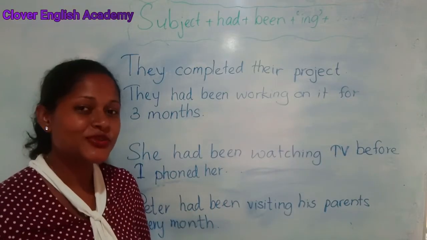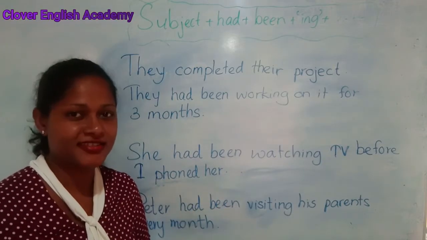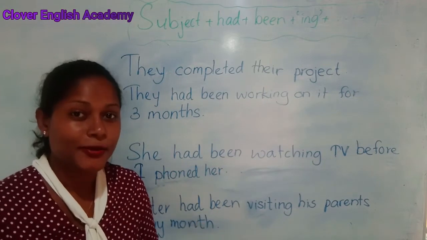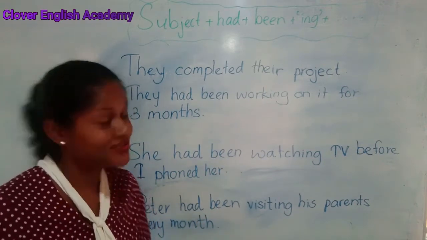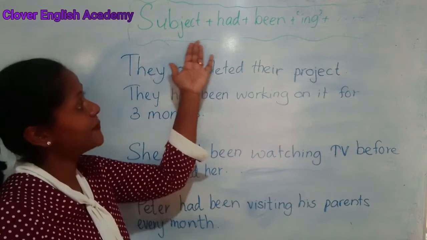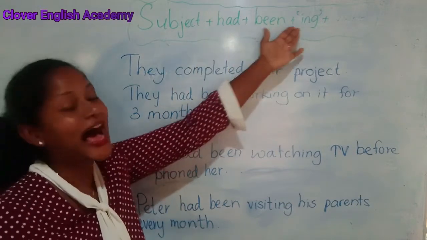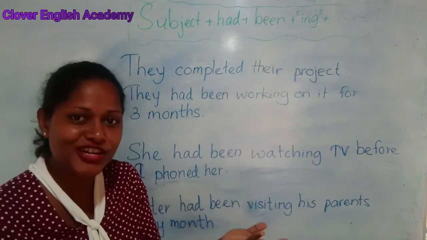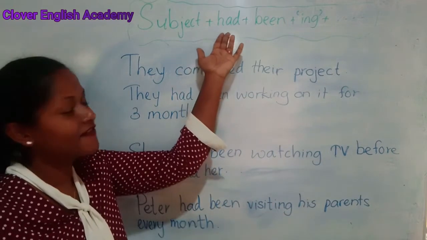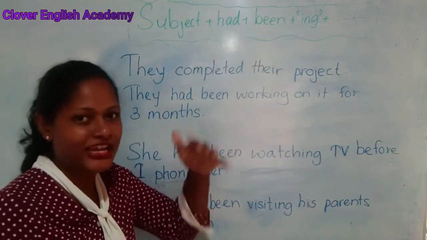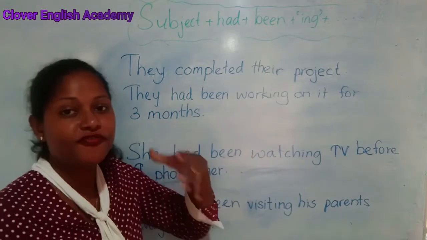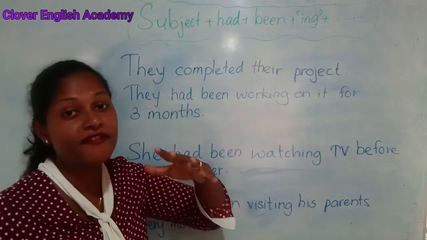Right. So the structure of writing a sentence using past perfect continuous tense is like this. You have the subject, then had been plus ing. In present perfect continuous tense, we have have, or if the subject is singular, we have has.